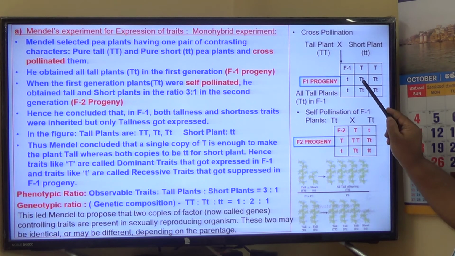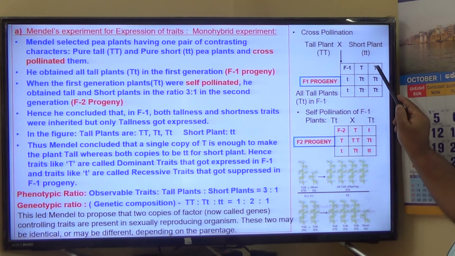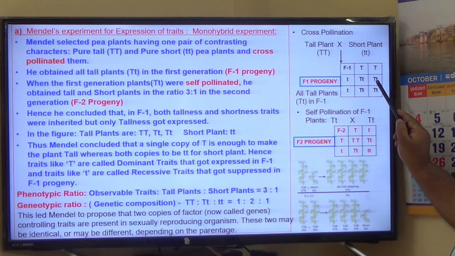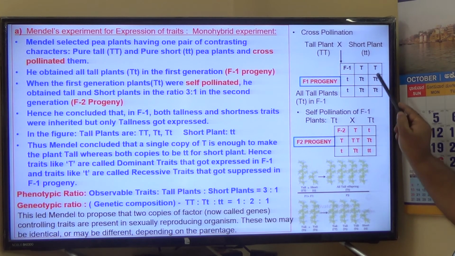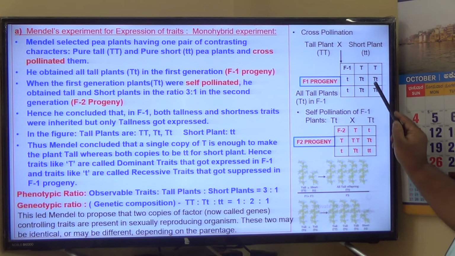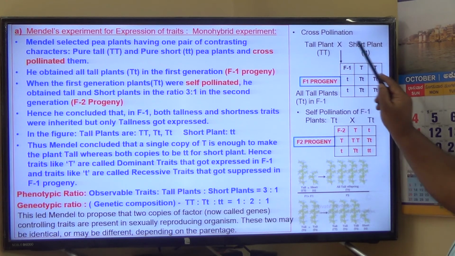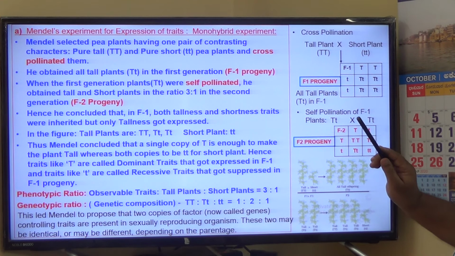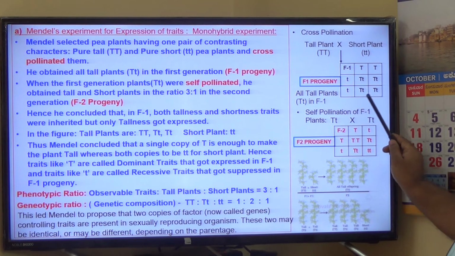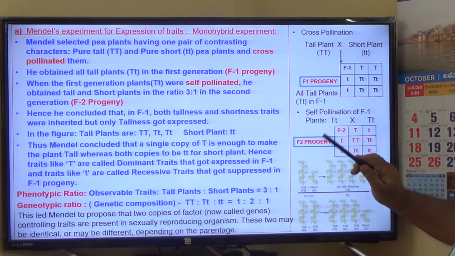T, one combination, one gamete of the tall plant and a gamete of the short plant, put together. Here it is T and small t, and this is T and small t. So if you look at this combination, when tall plant and short plant are combined together, everywhere you find capital T, small t, capital T, small t, capital T, small t, capital T, small t, and all these four plants were tall plants.